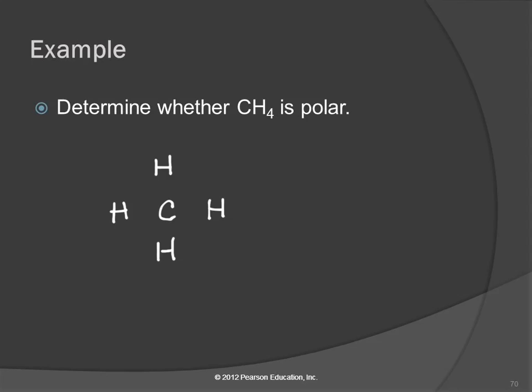Carbon has 4, and each hydrogen has 1. So we got 4 plus 4 hydrogens, each has 1. We've got a total of 8. If we put bonds, 2, 4, 6, 8. There's our Lewis structure. No lone pairs.